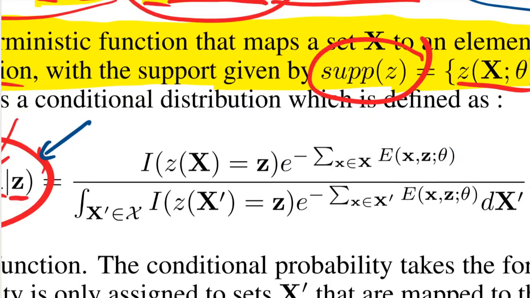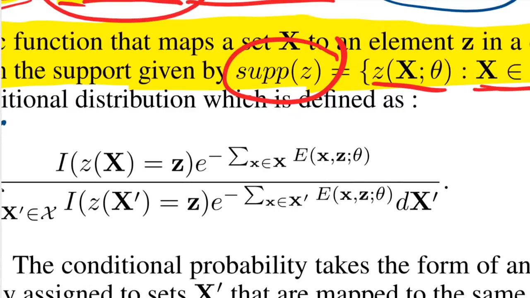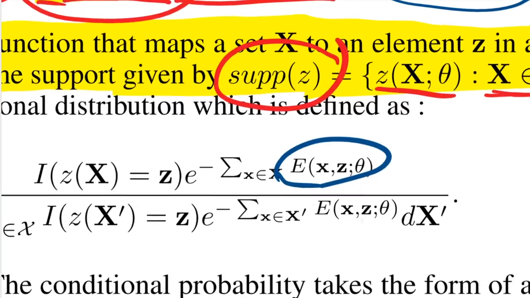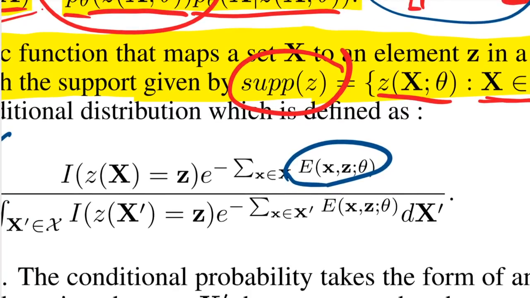But okay, so what we need to do is come up with this energy function that is going to be a high number when we're not happy with the input. Now, what is the input? The input is x and z. What does it mean we're not happy with the input? It means that the image x, and you see x here is one of the images of the set, that particular image isn't really congruent with the z, with the identity.